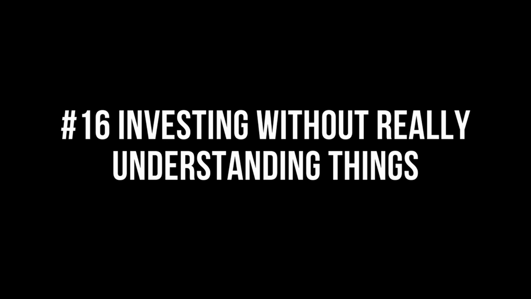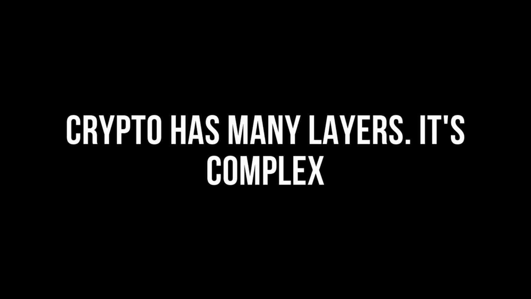Number 16, investing without really understanding how things work. Crypto is pretty complex, and there are multiple layers to it. A common mistake that beginners make is that they tend to invest without really understanding how things work and how these different layers work.